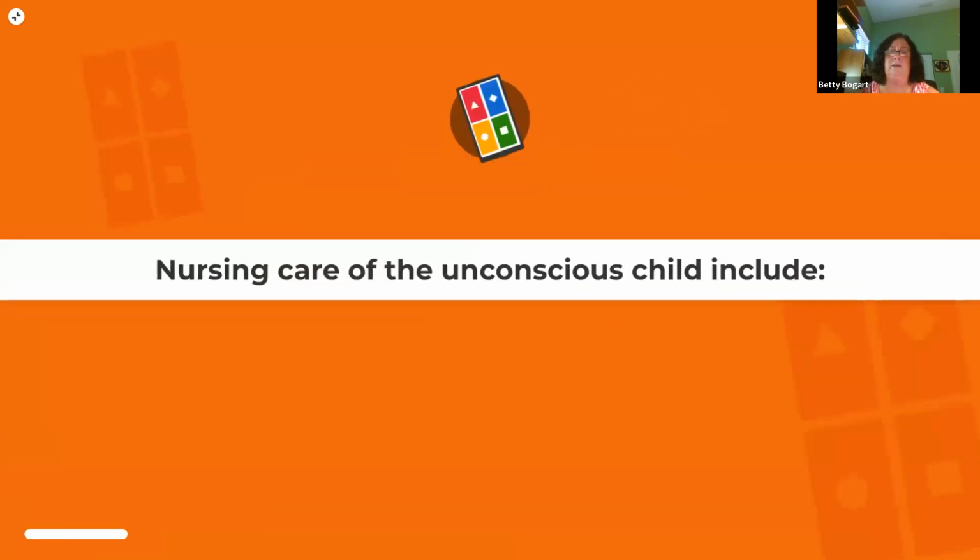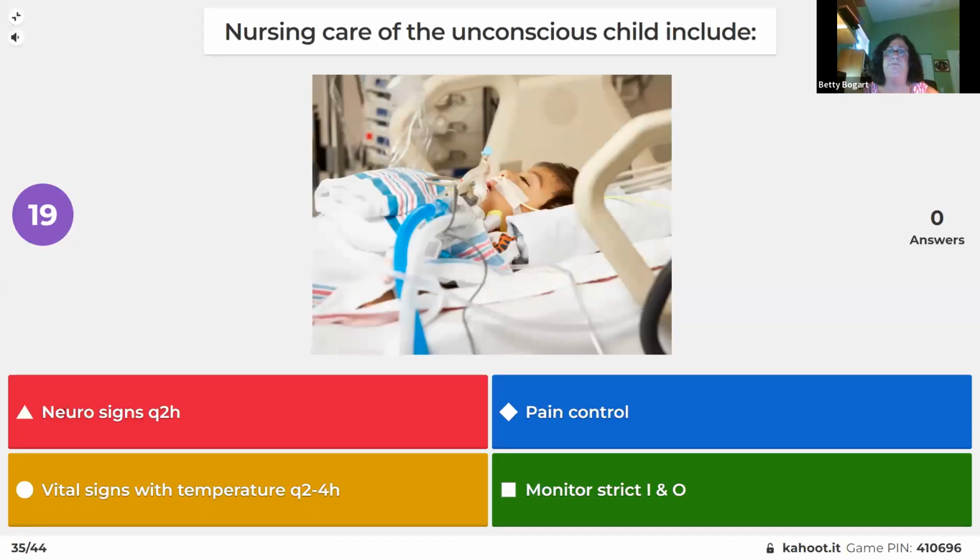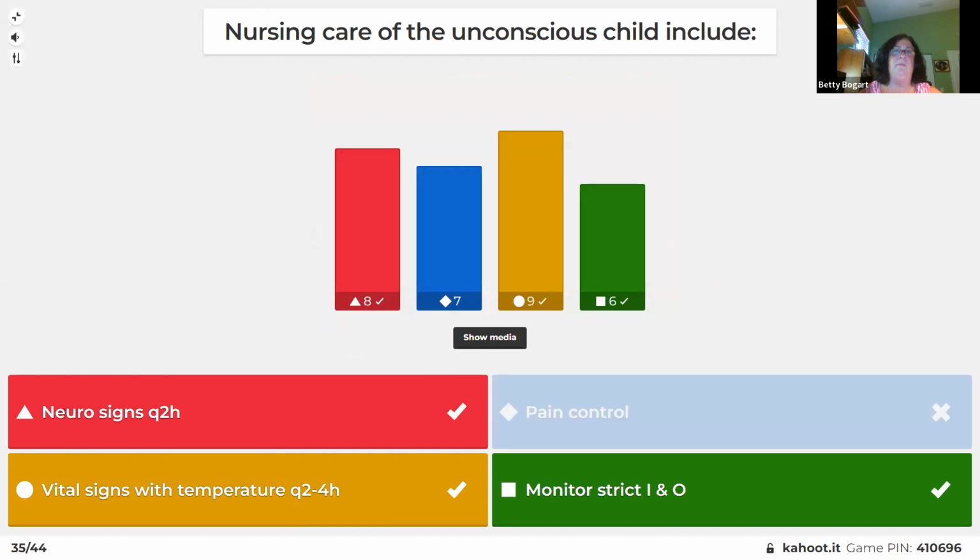Another multi-select. Nursing care of the unconscious child should include. So when we're talking about unconscious, we're thinking of a child who maybe has a neural problem.